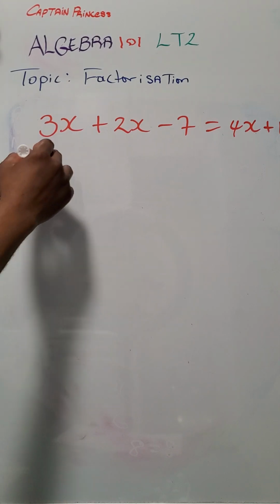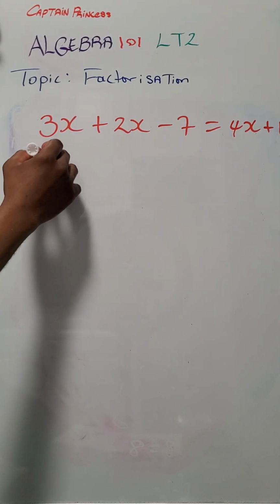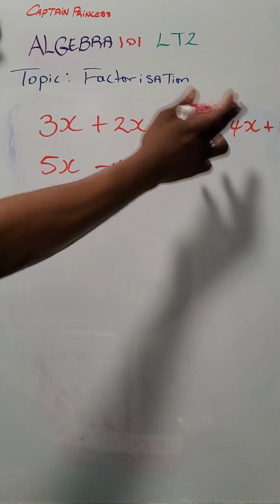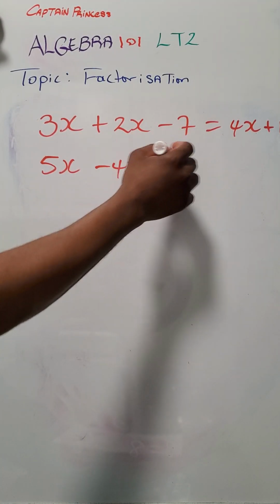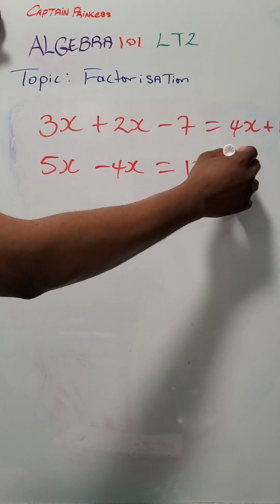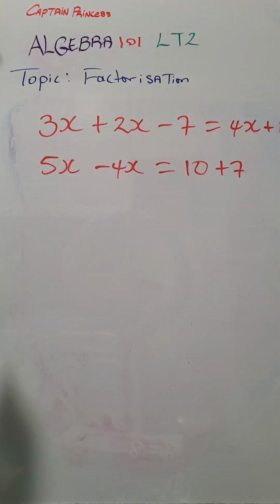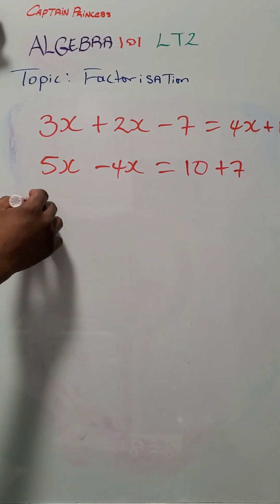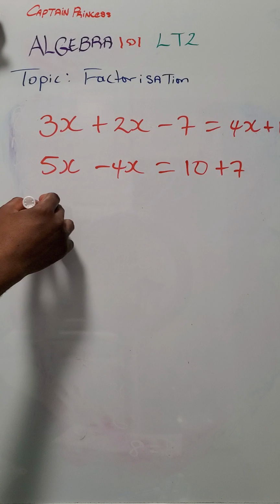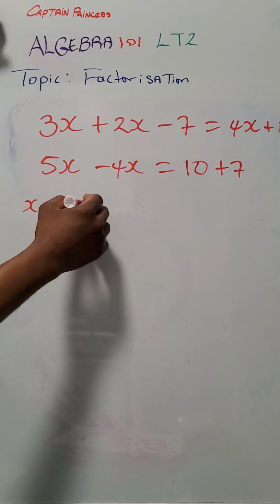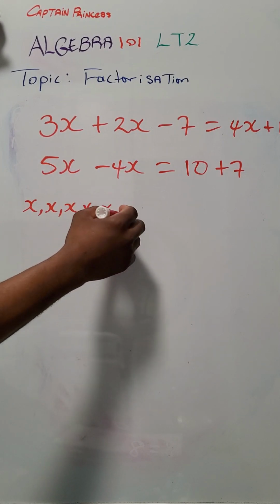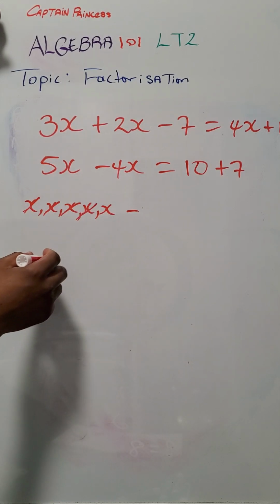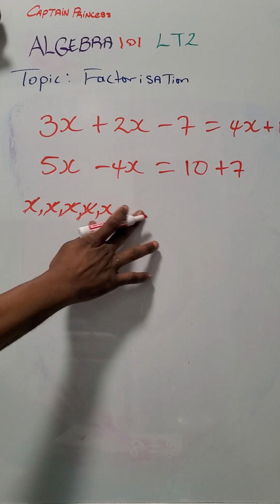Let's do this, guys. So we can resolve this by saying 5x, and then we take over the 4x and it becomes negative, and then we bring over the 7, and we will have this calculating minusing each other. From here you can do 1, 2, 3, 4, 5 minus 1, 2, 3, 4, so that only leaves us with x, right?